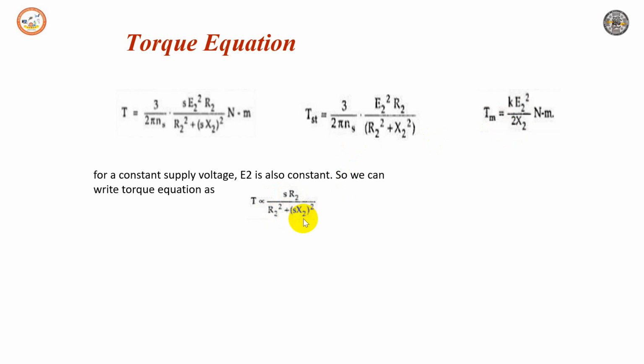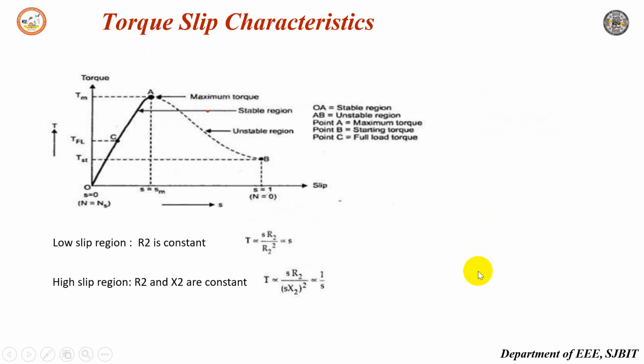So now to get the nature of the torque slip characteristics, let us divide the slip range from 0 to 1 into two parts, that is, a low slip region and a high slip region. For the low slip region, S is very small.